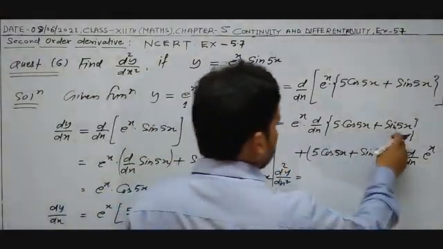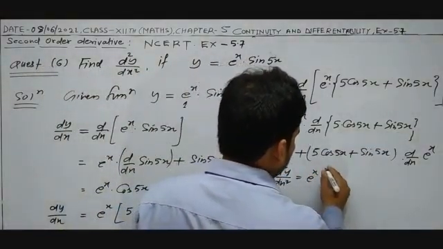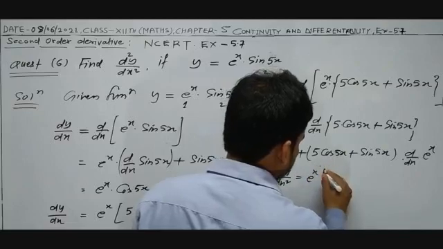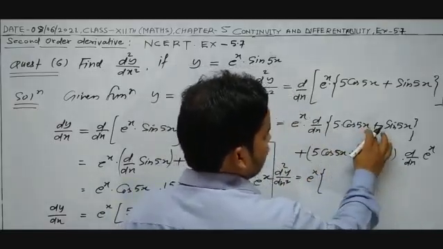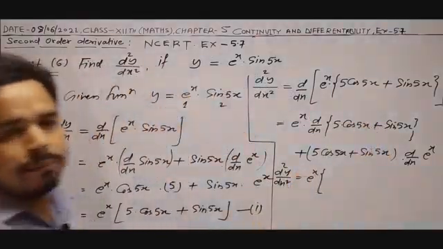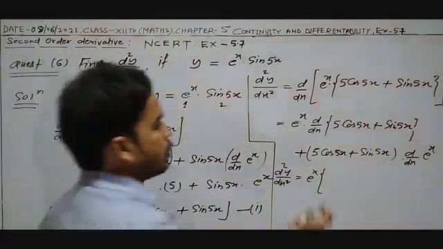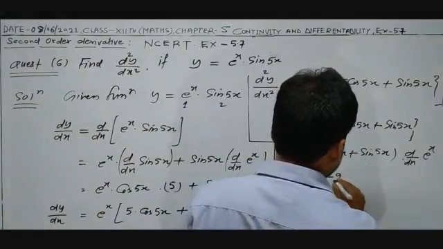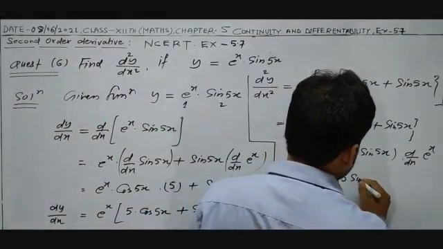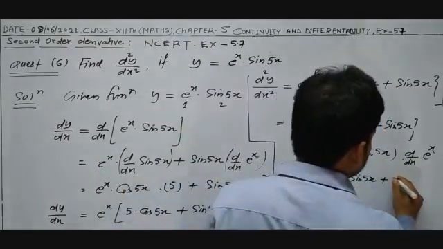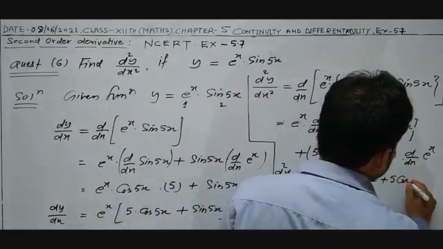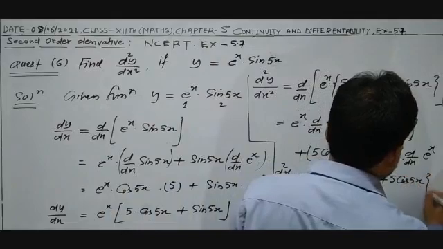you will differentiate this part, so e to the power x in curly brackets. What will be the result? Cos 5x differentiation is minus 5 sin 5x, so minus 25 sin 5x, plus 5 cos 5x.